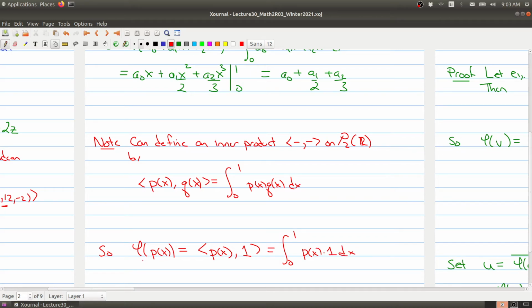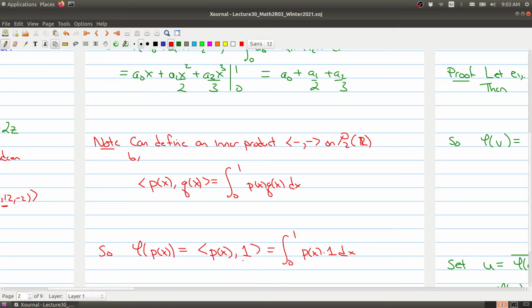So here is another example where I can rewrite my linear functional as an inner product where the second element is fixed.